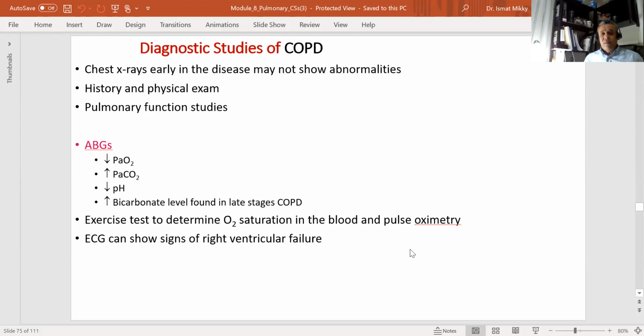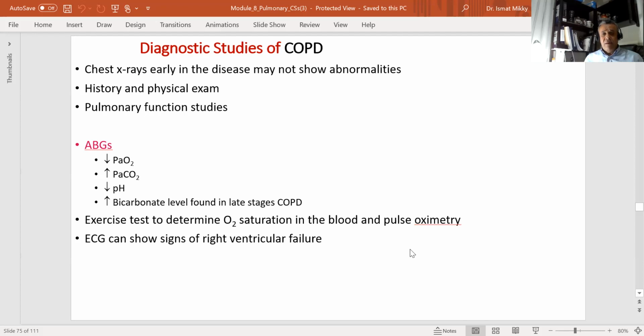Diagnostic studies. One of the diagnostic studies, which is a typical finding, is the FEV1, forced expiratory volume, over FVC, forced vital capacity.